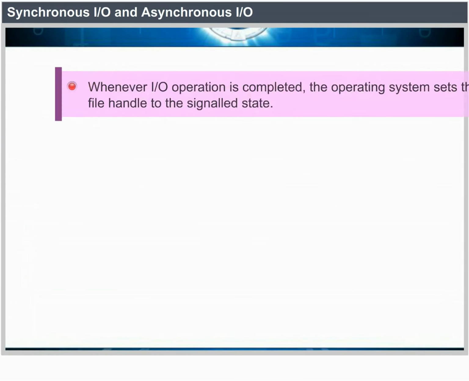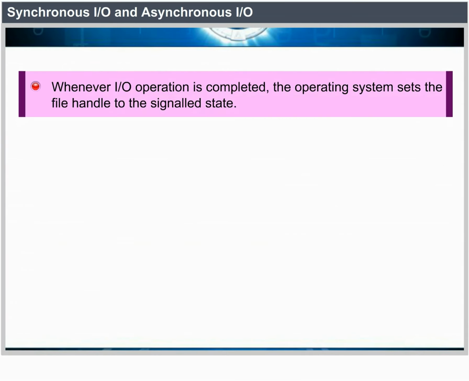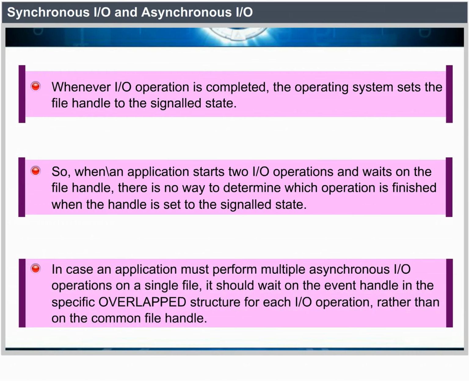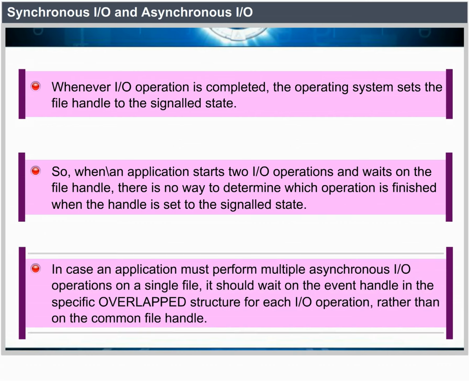Therefore, if an application starts two input-output operations and waits on the file handle, there is no way to determine which operation is finished when the handle is set to the signaled state. If an application must perform multiple asynchronous input-output operations on a single file, it should wait on the event handle in the specific OVERLAPPED structure for each input-output operation rather than on the common file handle.